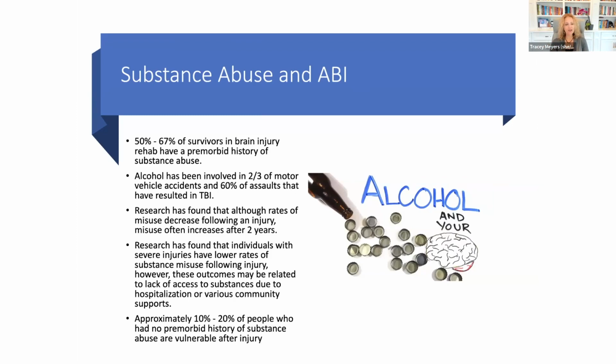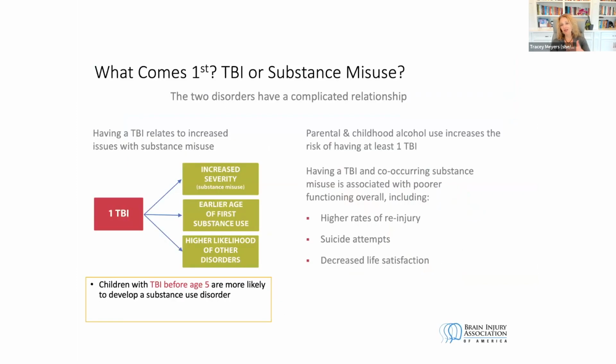Approximately 10 to 20% of people who had no history of substance use are more vulnerable to having a substance use disorder after the injury. So again, what comes first? They are interrelated, and we want to assess and monitor and treat both, right? We want to assume that there's going to be a relationship between the two, and we want to make sure that we're regularly screening, assessing, and talking to our clients.